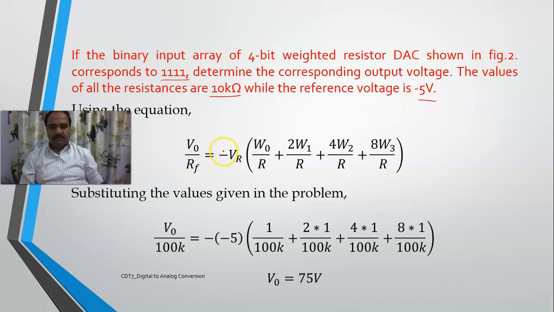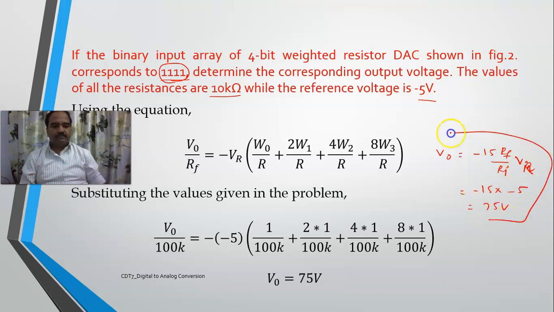What we obtained in the last one was V0 is equal to minus 15 Rf by Ri into V reference. We have done the same case. So what is the value we will get here? Minus 15. Rf and Ri are both 10 kilo ohm, so they will get cancelled. Vr is minus 5. So I will be getting 75 volts. This is what I have written here.